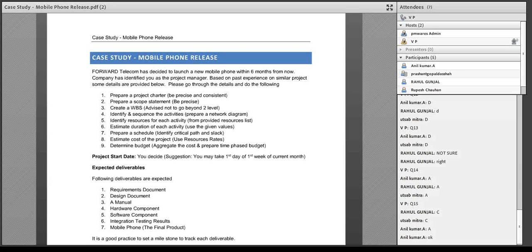We have covered estimation of duration. We can prepare a schedule. We can estimate the cost of the project. We can determine the budget, right? Correct? So now you can do from 1 to 9 all. So do one as well.